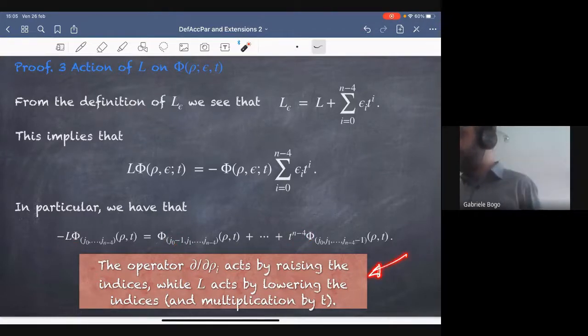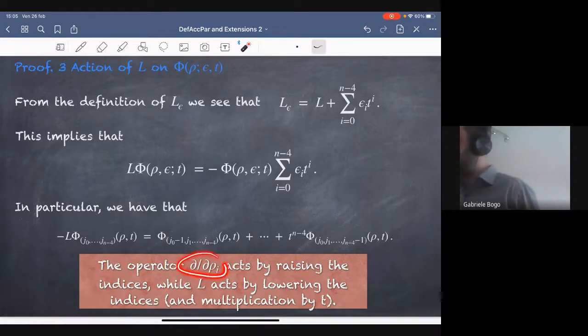So the derivative with respect to the accessory parameter is raising the indices, while the action of the differential operator L is lowering the indices and multiplying by some power of t. So the idea is to balance these two actions.